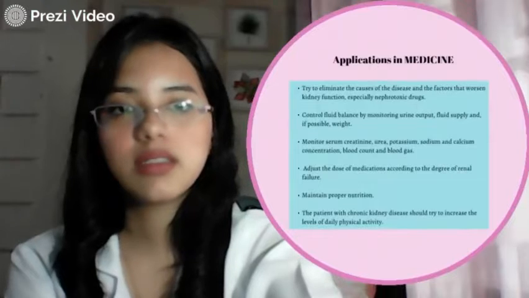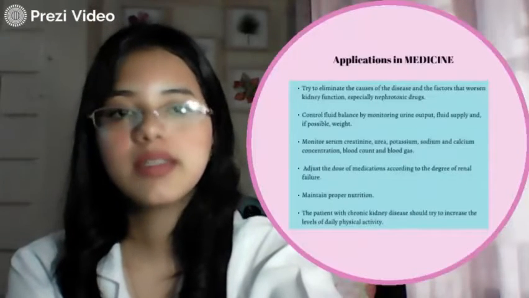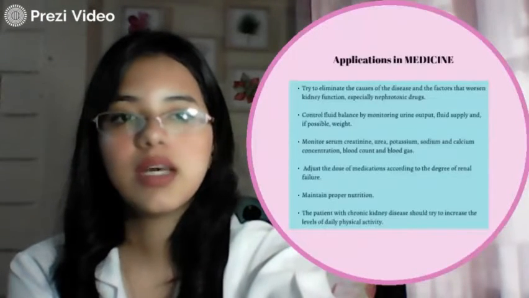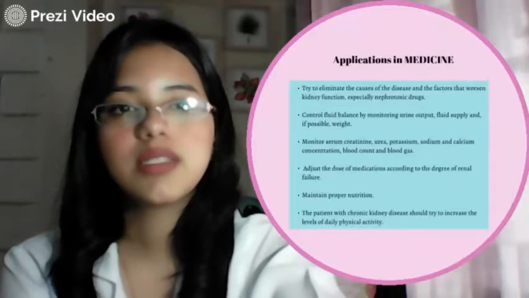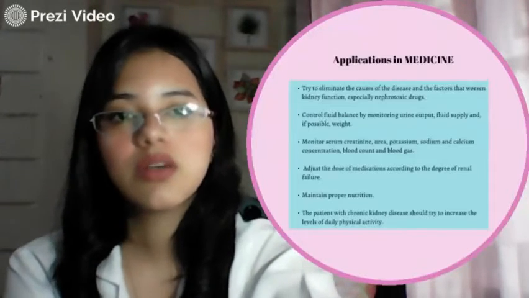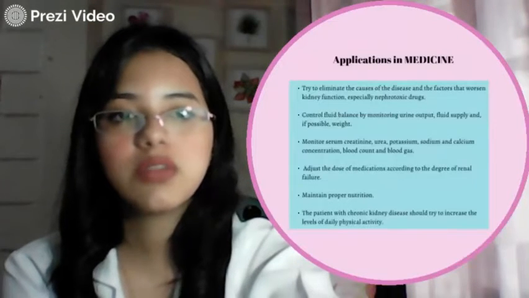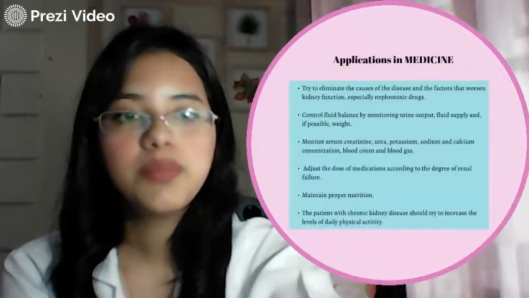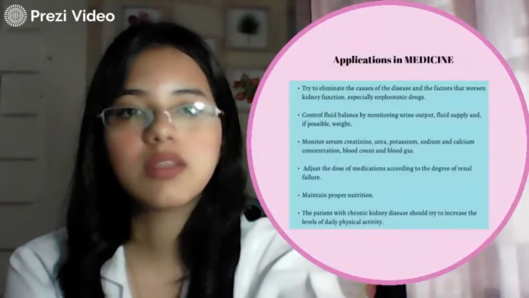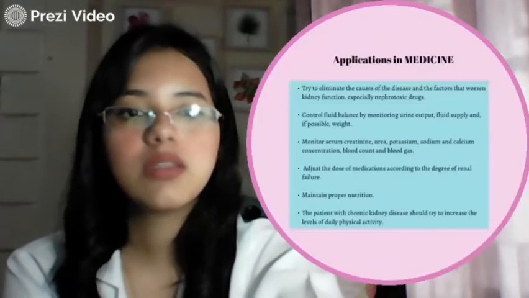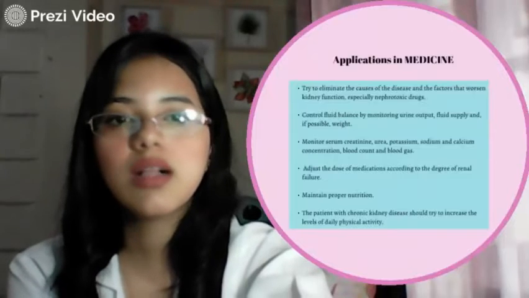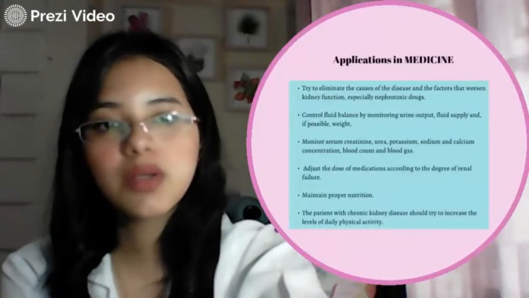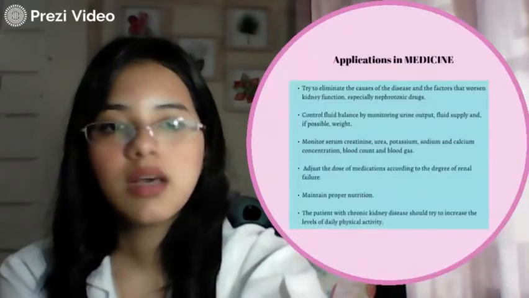Application in medicine. Try to eliminate the cause of the disease and the factors that worsen kidney function, especially nephrotoxic drugs. Control fluid balance by monitoring urine output, fluid supply, and weight. Monitor serum creatinine, urea, potassium, sodium, and calcium concentration, blood count, and blood gas.